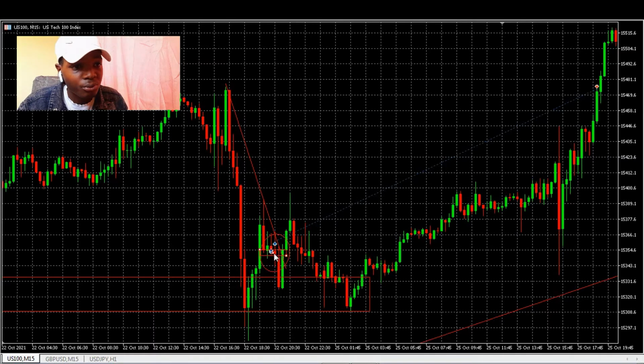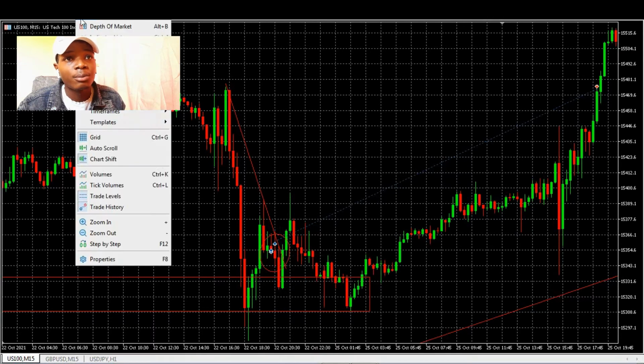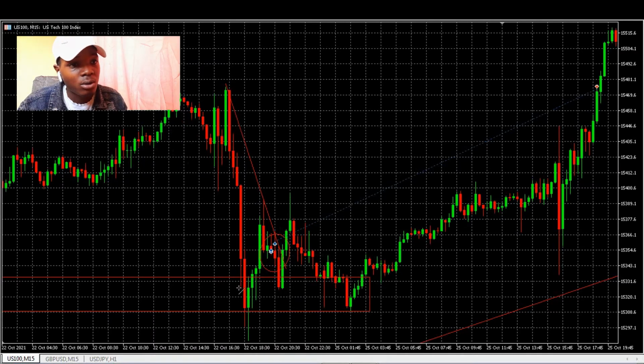So it came down, so the market broke that zone, or that level of support I had drawn up. It broke that, but didn't take us out on our stop loss, which was somewhere at this area. So it didn't break our stop loss, it just reached this area, then shot right back up.